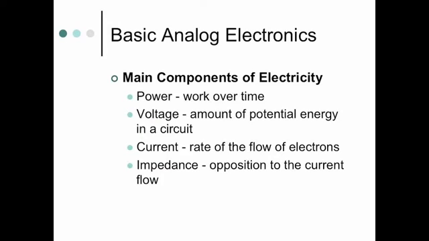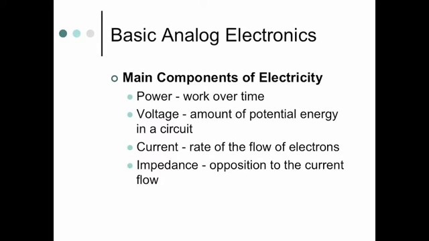and that's similar to current. Impedance is another term that we use all the time, and basically it's the opposition to the current flow. There's also another term, which I didn't include on the card, which we'll talk about quite a bit, called resistance. And that sort of says what it does. It resists the current flow. You might say, what's the difference between impedance and resistance?